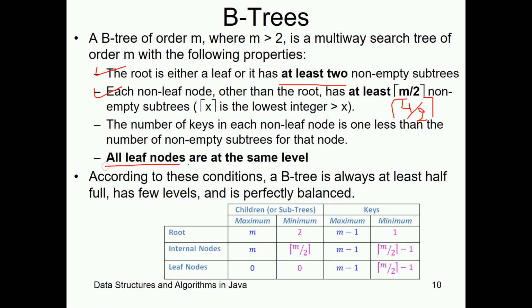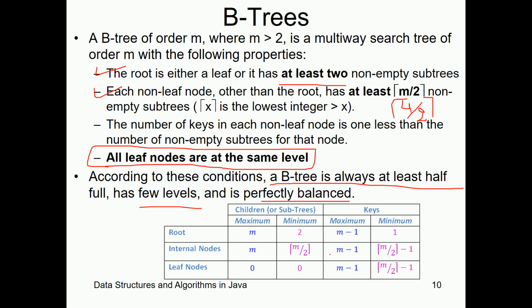And all leaf nodes are at the same level. That's why we guarantee that this will never be unbalanced. Based on these conditions, the B-tree is always at least half full. It doesn't have a lot of levels, and it's balanced perfectly.